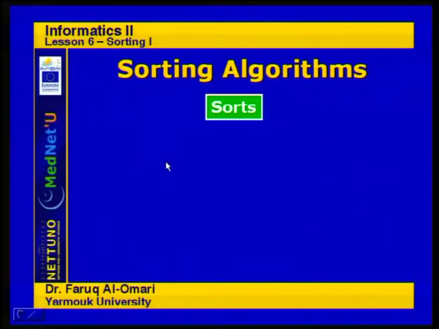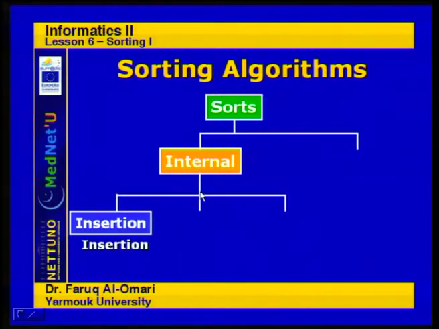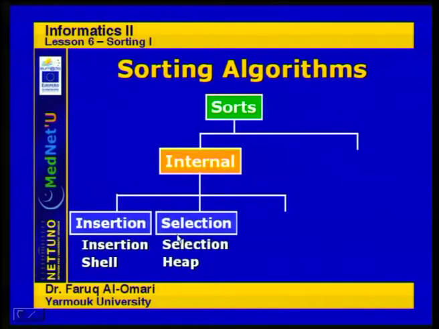So based on that, we can divide the sorts into internal, and along this internal, I have the main category of insertion sorts. Under this, there are two very well-known techniques, what's so-called insertion sort and shell sort. Or we could have what's so-called selection algorithms. Under this, there is the selection sorting algorithm and heap sorting algorithm.